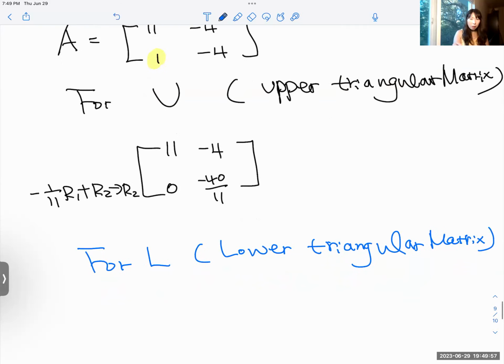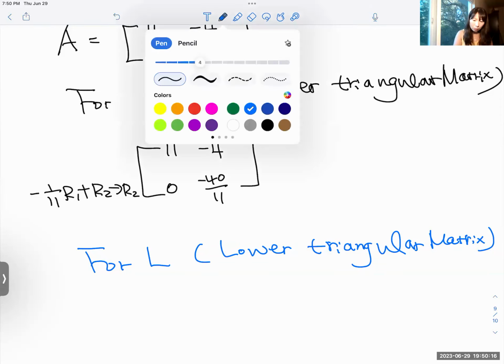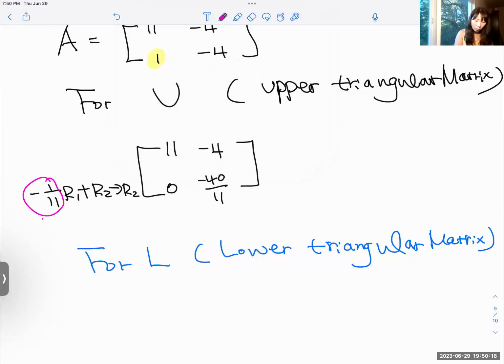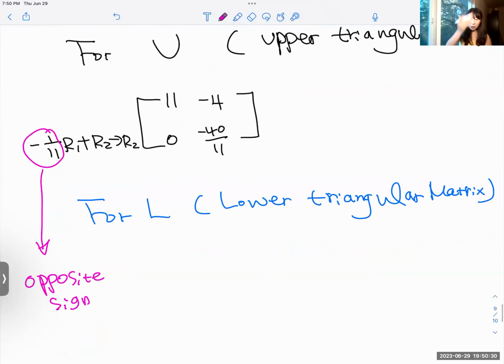This is the quick way: we can skip a lot of steps because we can just use this one with the opposite sign.